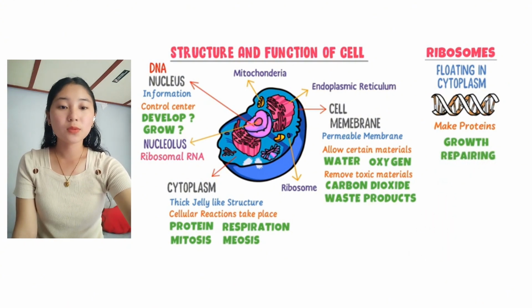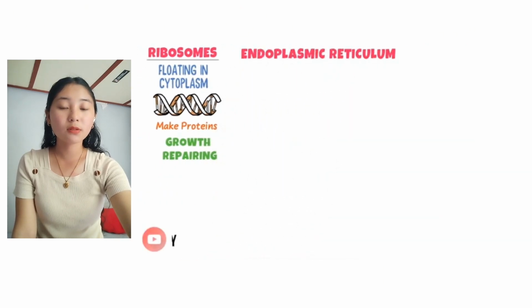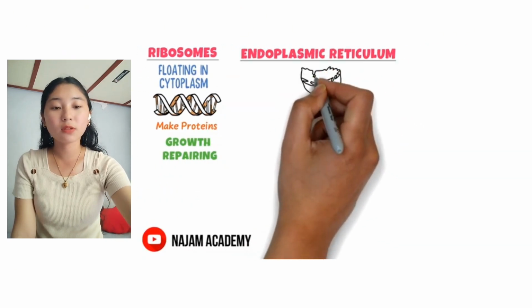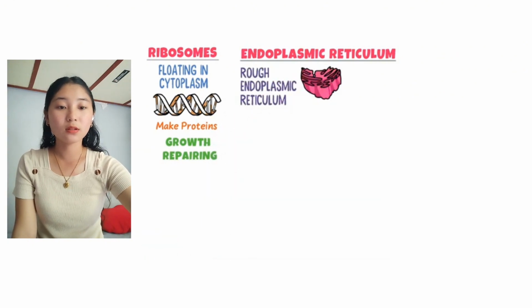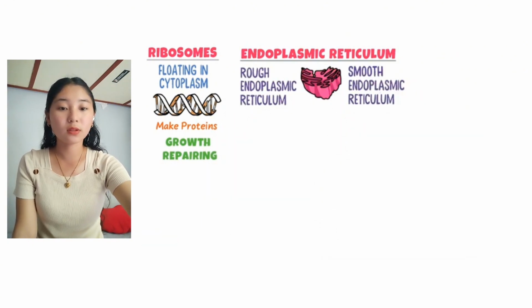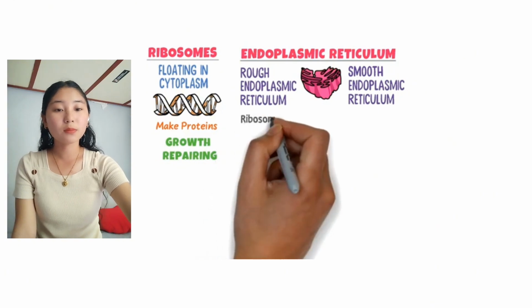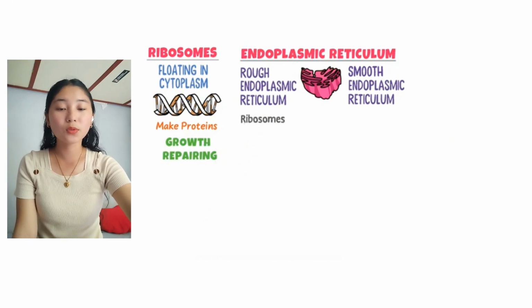To learn about ribosomes and protein formation, we must understand endoplasmic reticulum. Endoplasmic reticulum are two types: rough endoplasmic reticulum and smooth endoplasmic reticulum. The main difference between them is that rough endoplasmic reticulum contains ribosomes and smooth endoplasmic reticulum does not contain any ribosome.